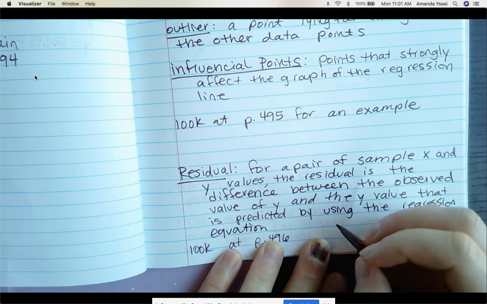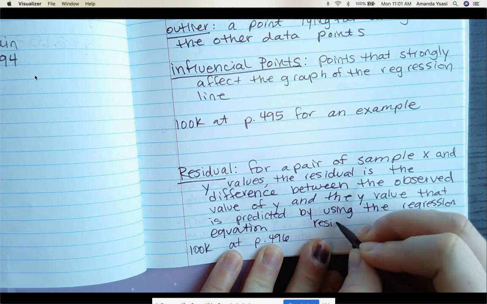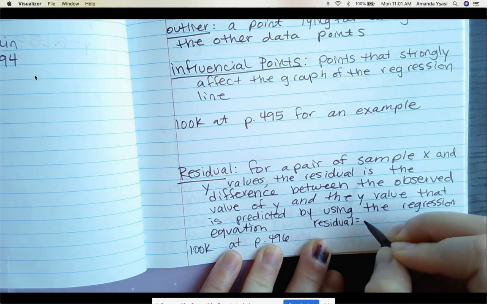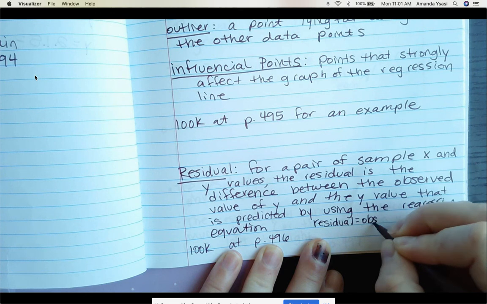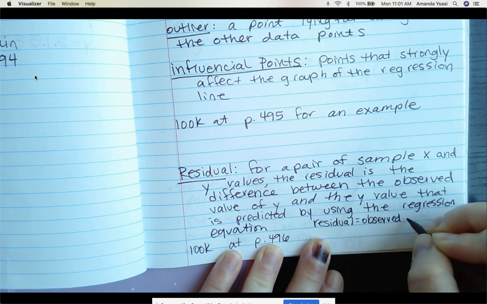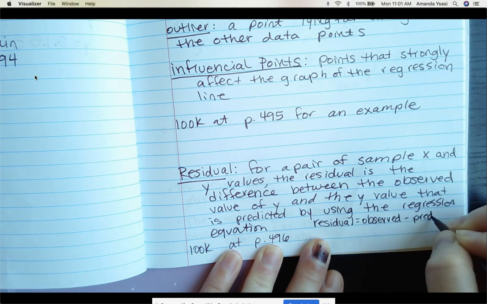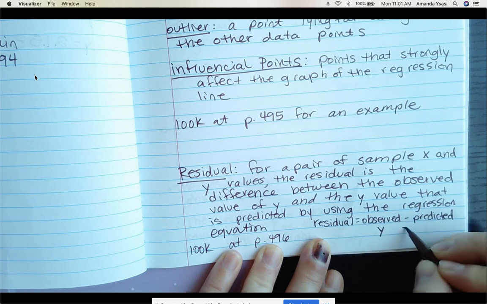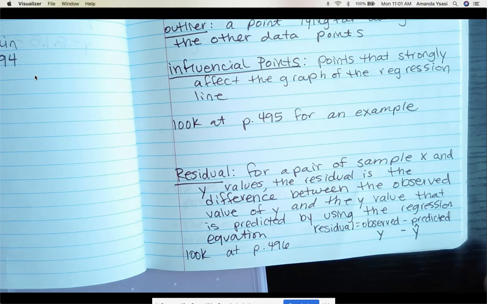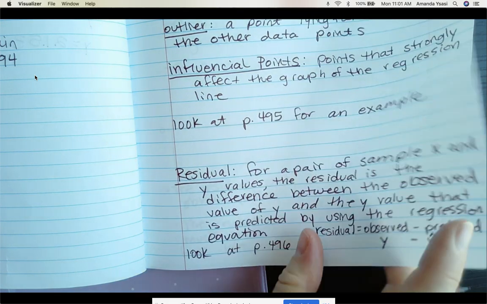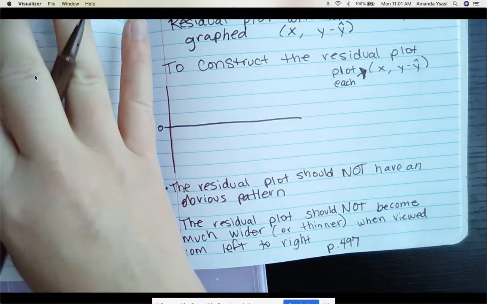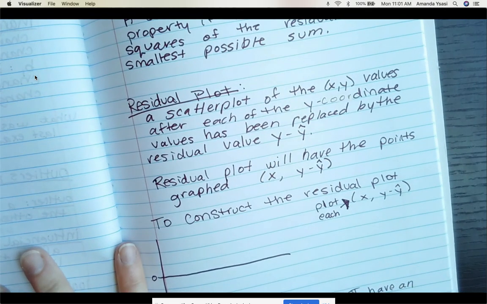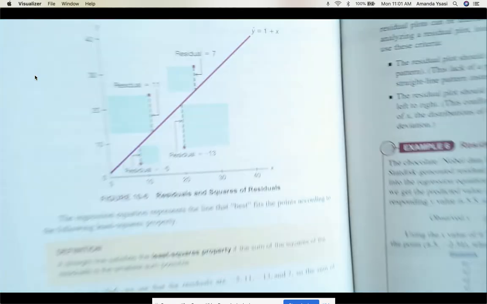Residual equals observed minus predicted with that equation. So y minus y hat. Okay, so we'll look at an example of the residual.